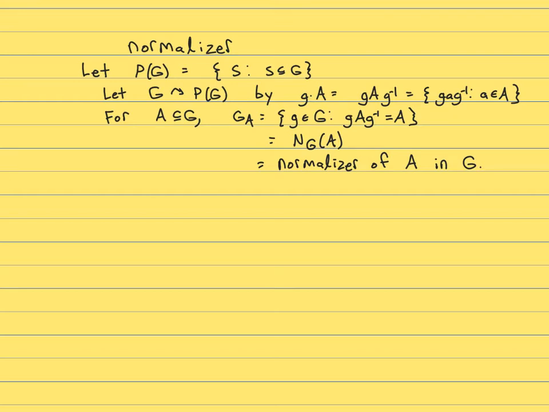In particular, if A is a normal subgroup of G, then you could see that the normalizer would be all of G by definition, because that's what it means for a subgroup to be normal. And so in general, the normalizer is a subgroup that, if A were a subgroup, tells you how far away your subgroup is from being a normal subgroup of G.